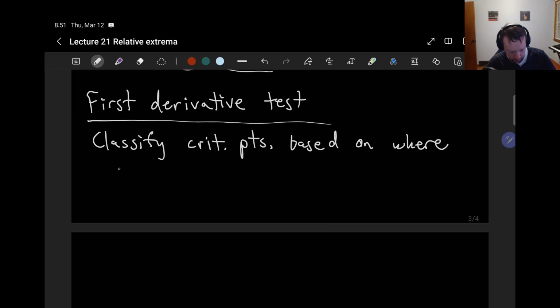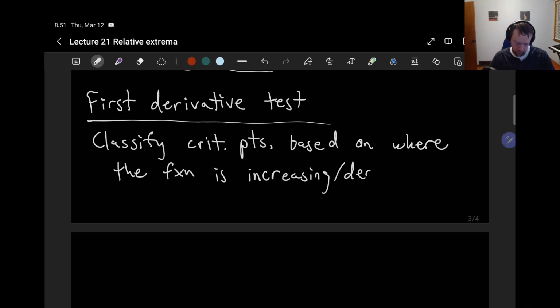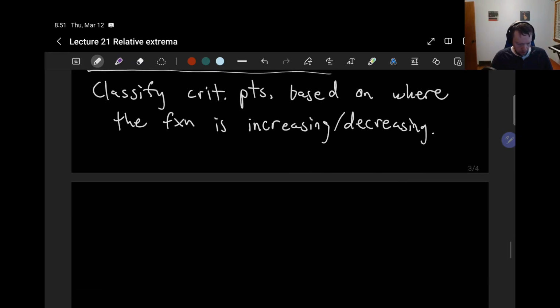And this is based on where the function is increasing or decreasing. So there's a reason we talked about it. When I say classify them, I'm talking about, this is a relative maximum or this is a relative minimum, or possibly neither.